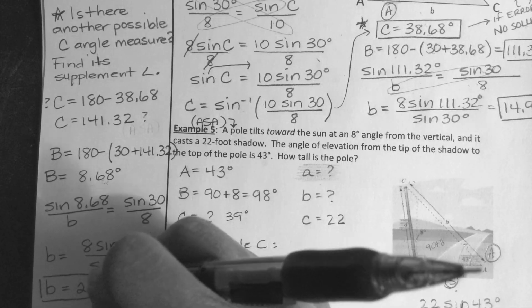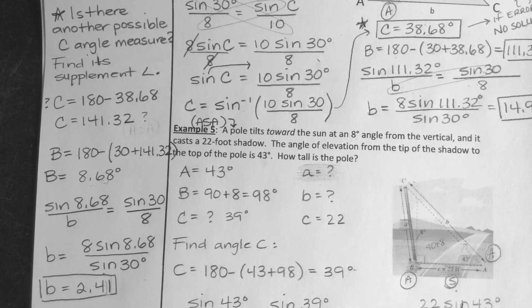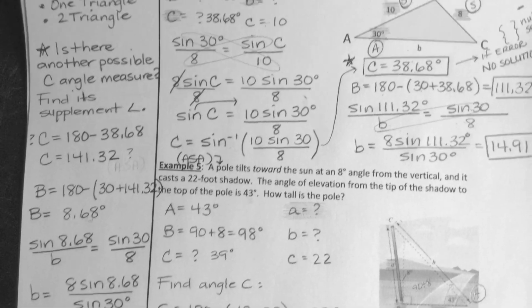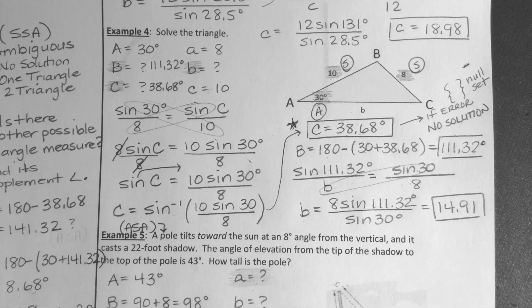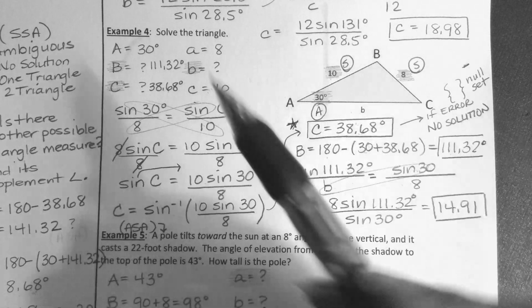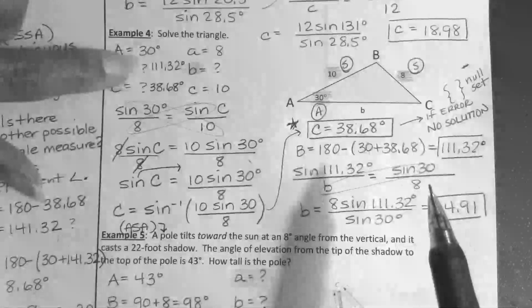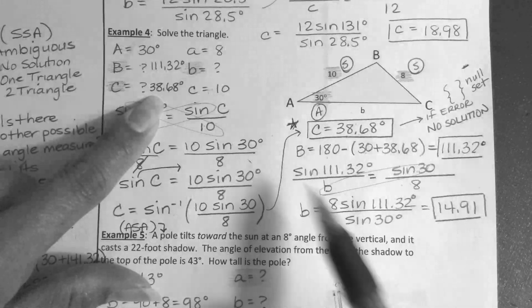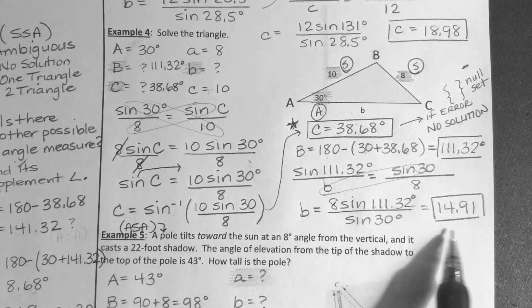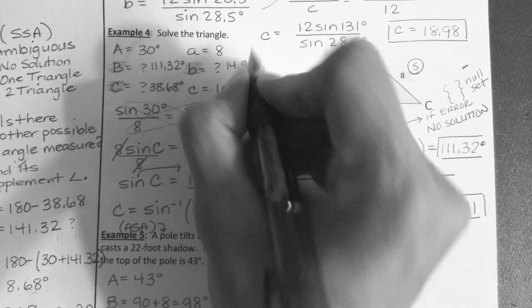So in essence, what you're telling me is that the solution to this triangle is that it has two possible triangles as an answer. The first triangle has an angle of 30 degrees for A, 111.32 degrees for B, 38.68 for C, a is 8, b was 14.91, and c was 10.